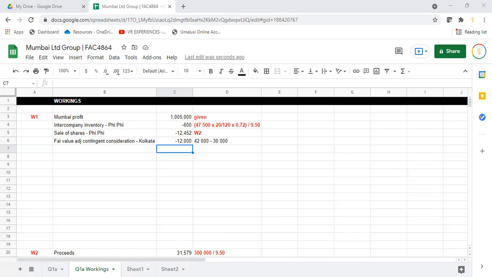31 August 2017. So here you must understand now the inventory, at the date of acquisition, which was 1 August 2017, had a carrying amount of 20,000 and a fair value of 36,000. So that means at the date of acquisition, the group made a fair value adjustment of 16,000 Rand.